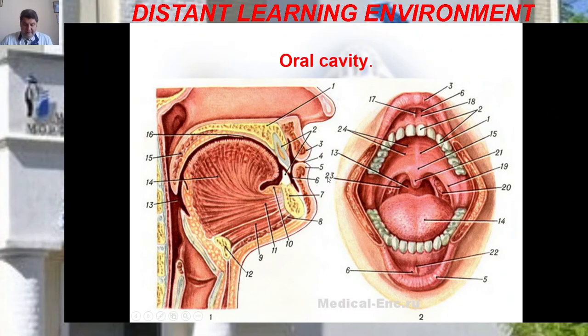So this palate contains some muscles. It is duplication of the mucous membrane in which muscles are lodged together with fibrous plate, the palatine aponeurosis.